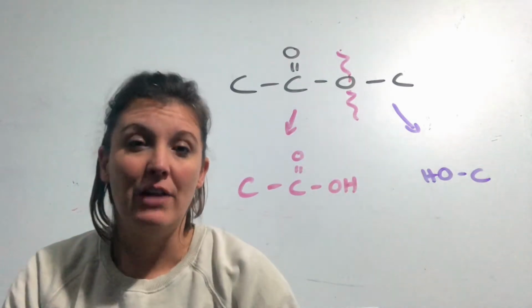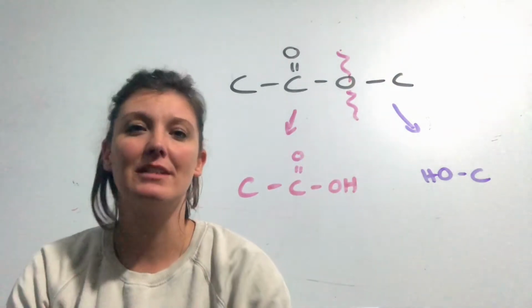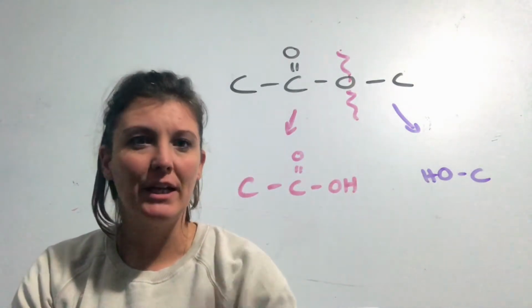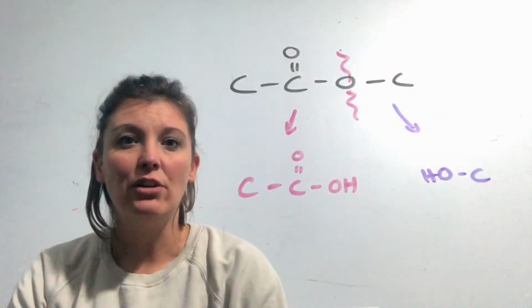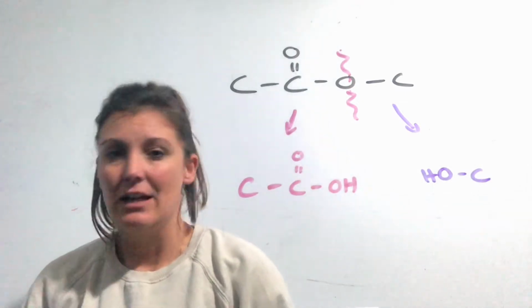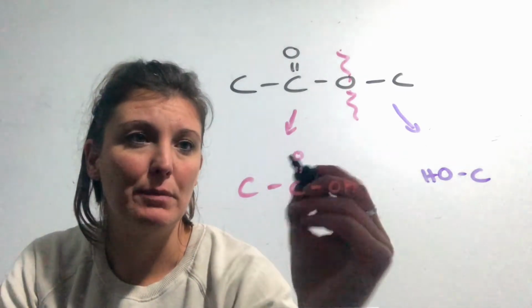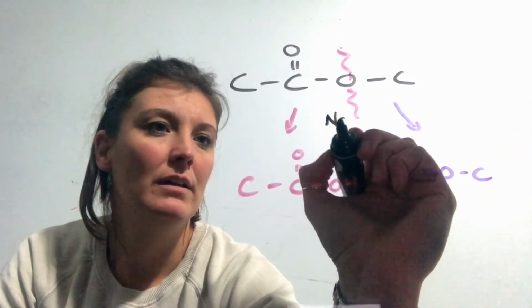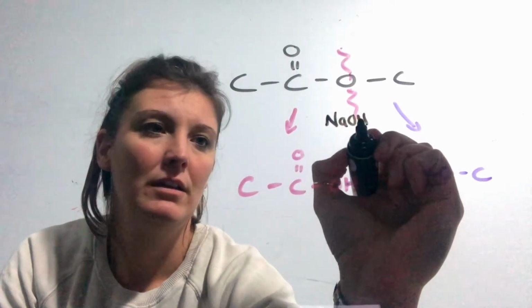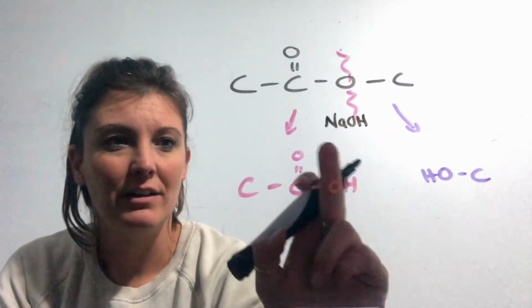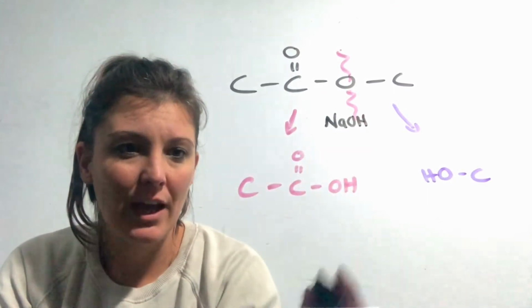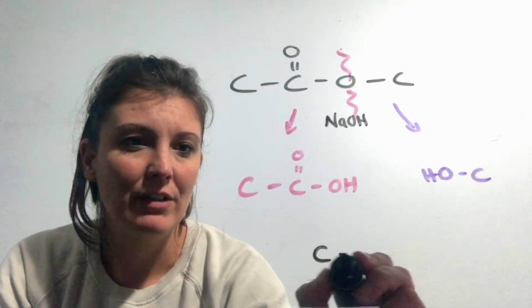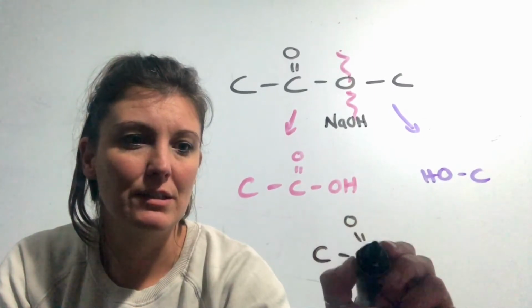And if we use a base, this is another story, because it still goes into this acid and still goes into this alcohol, but remember the base, and if we use a base called sodium hydroxide, this sodium hydroxide, which is a base, is going to react with this acid, and then you'll end up having something that looks like this.